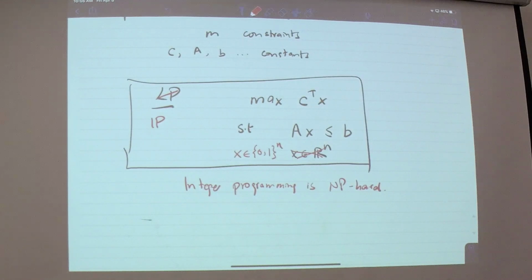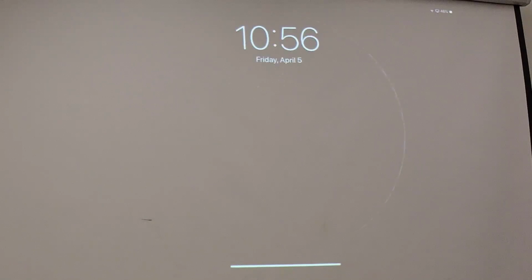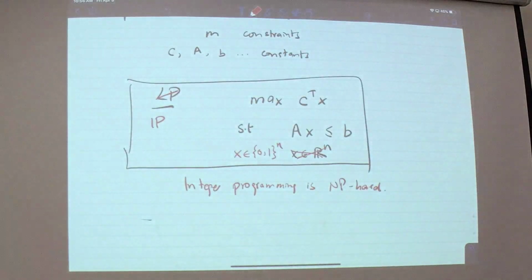Okay? So what we're going to do today is talk about the geometric interpretation of linear programming. And this geometric interpretation can be applied not just to linear programming, but to integer programming, to semi-definite programming, to convex programming, to many, many kinds of programming. And you will find that, and this is especially true in machine learning, being able to move quickly between the linear algebraic view and the geometric view of a problem will turn out to be very helpful for you to understand what's going on in a question.